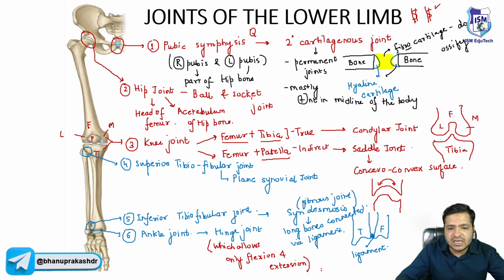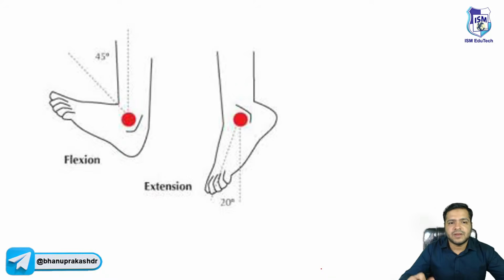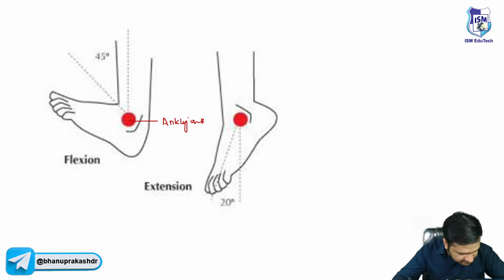So if you want to see a hinge joint, let me tell you, beta. This is the ankle joint, and the ankle joint allows movement only in one direction. Try to see over here, beta.